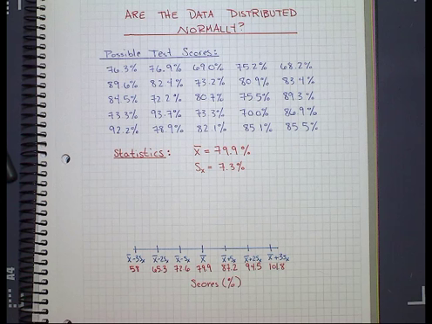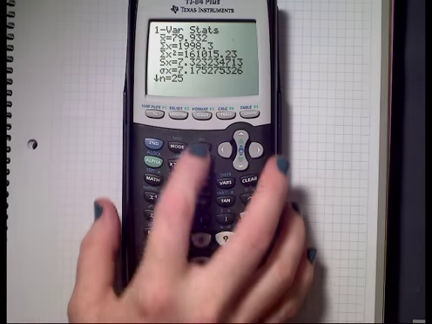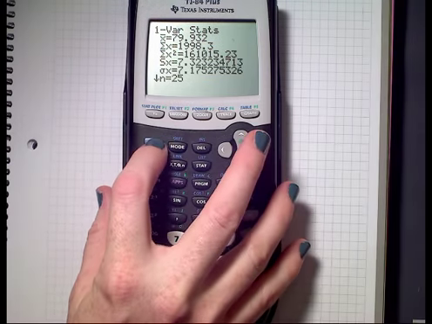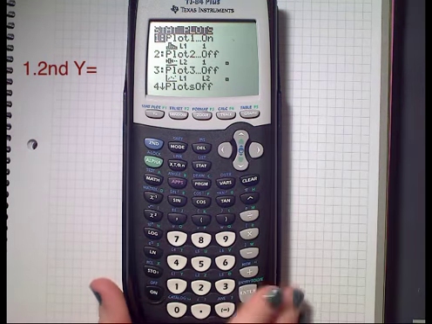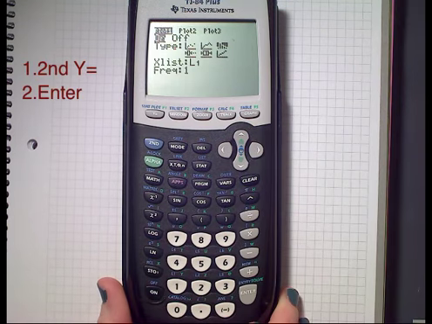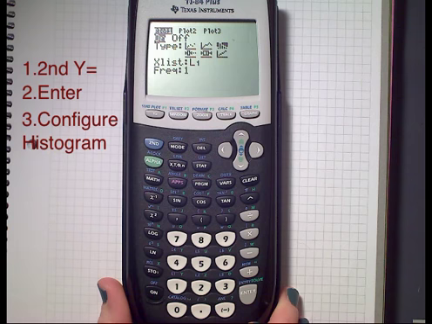Next, we're going to go back to the calculator and set up the window of our histogram. So we're going to hit second Y equals, hit Enter, make sure we're talking about a histogram showing List 1.